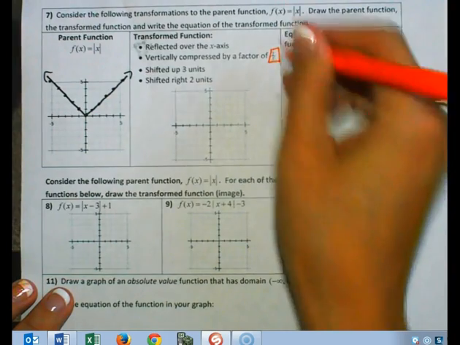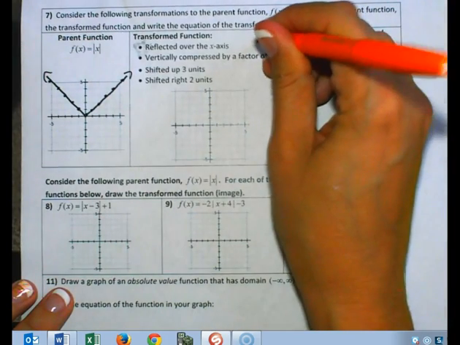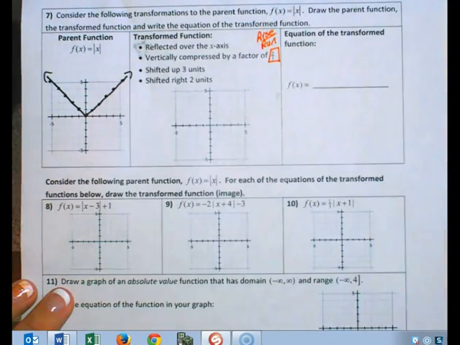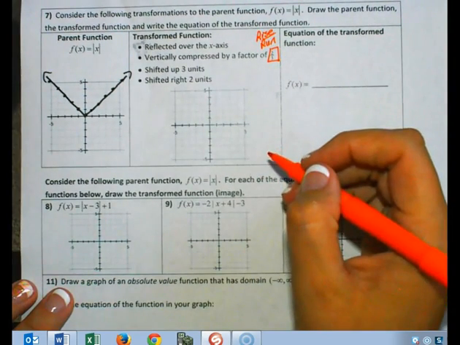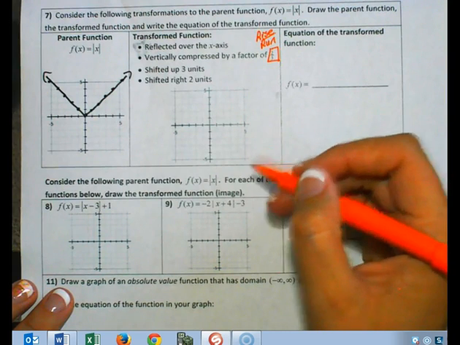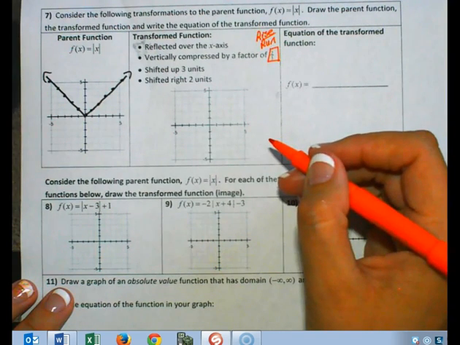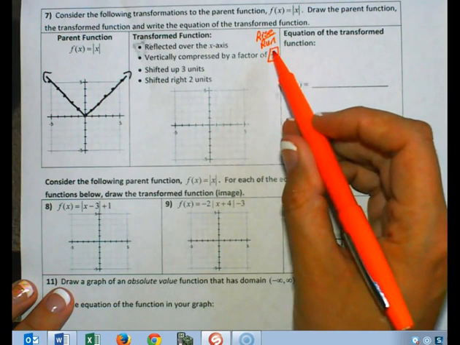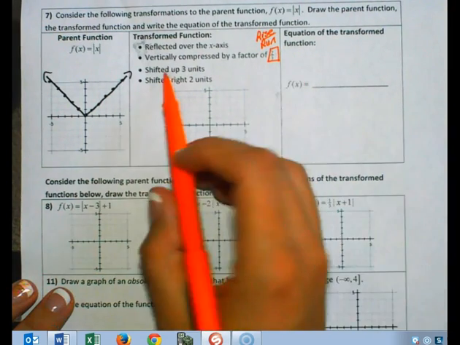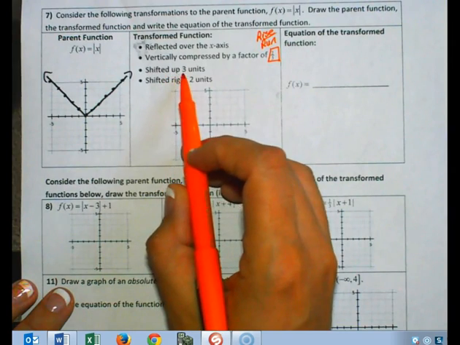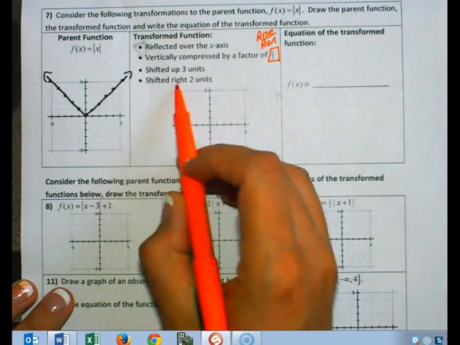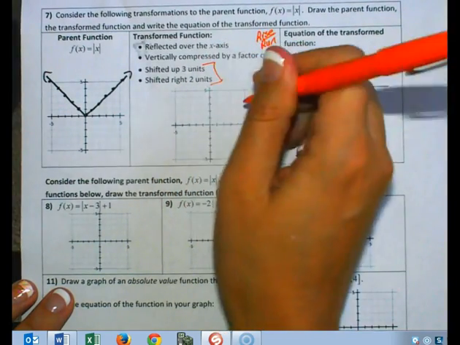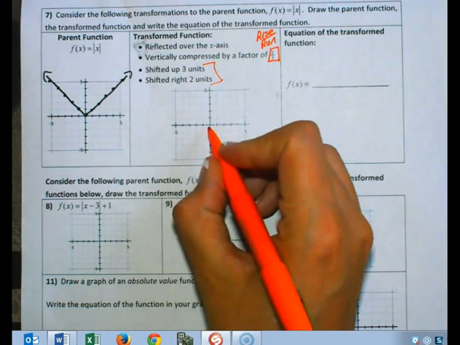This is rise over run, again for lack of a better term, because it's not really the slope, but that's how you're able to sketch it out for absolute value functions. So up 2 over 3, up 2 over 3, and then a shift up 3 units and then right 2 units. Now the tricky part is you're going to have to do these first so you know where your vertex is before you can do the other ones.